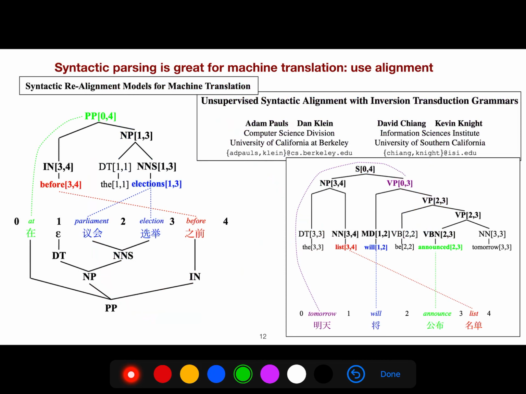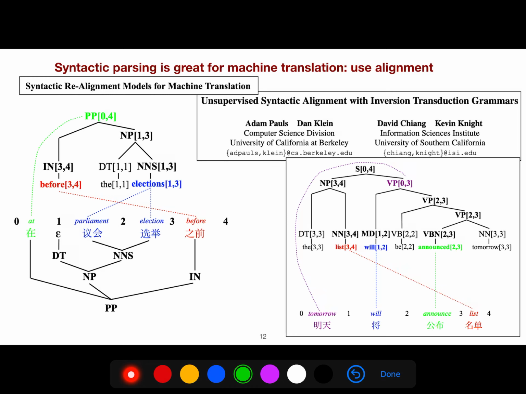And syntactic parsing is great for machine translation. If you use the concept of alignment in these beautiful papers, you will see that the next generation of machine translation is not just looking for some encoder, decoder, LSTM, and using attention.